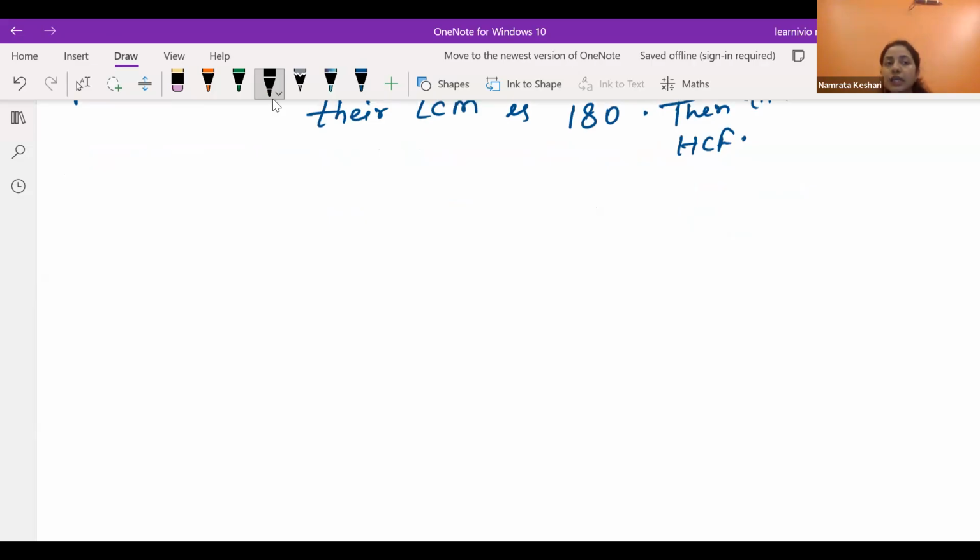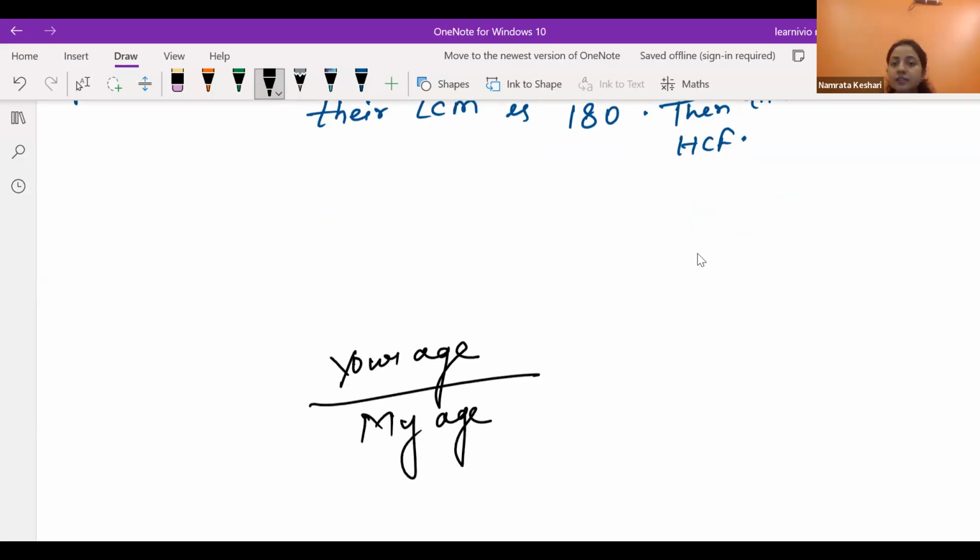If you are dealing with any question where a ratio is given, say the ratio between your age and my age is 1:3, from this ratio I can't say your age is 1 year and my age is 3 years. That would be completely incorrect, because it is only a comparison between your age and my age. We can say my age is 3 times your age, but the number reflected in front of your age we cannot declare to be your age.